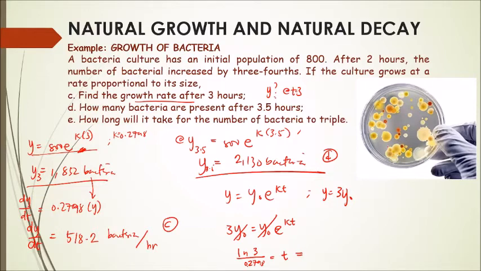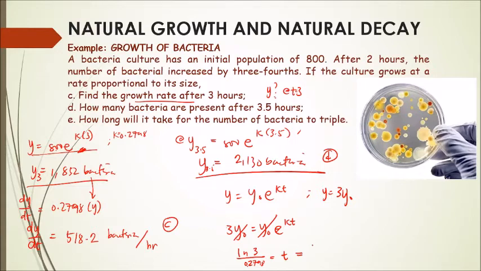So I'll just calculate now. Kamo, calculate on your own, basin sayop ko. ln of 3 divided by 0.2798. That's 3.92641.